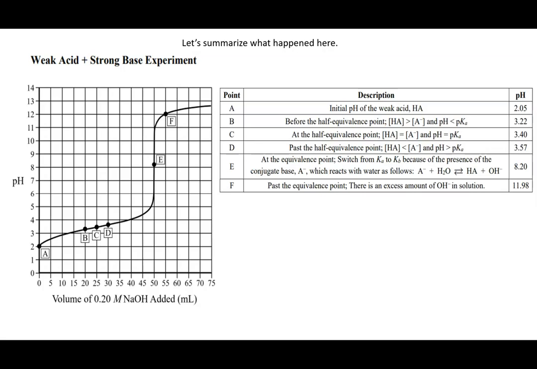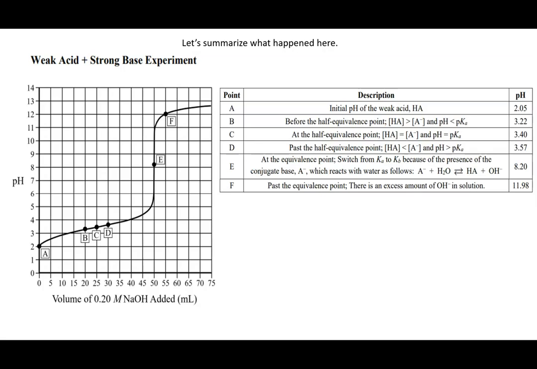And then past the equivalence point, now I have excess OH minus. So I don't really need the conjugate base anymore because now I've got a strong base that's driving the rapid rise in pH deep up into the basic regime of pH. All right, that's it for our weak acid plus strong base experiment.